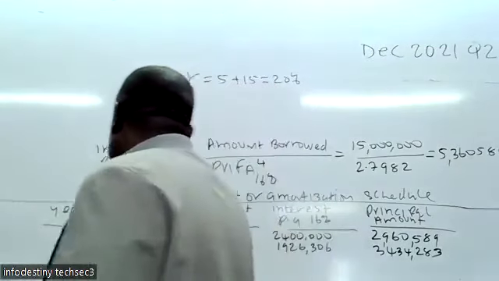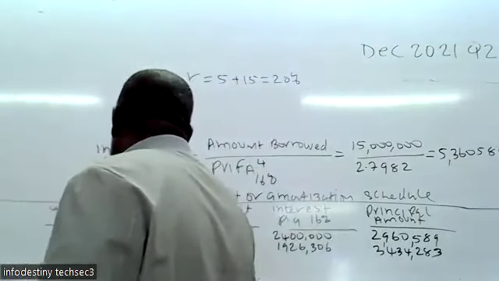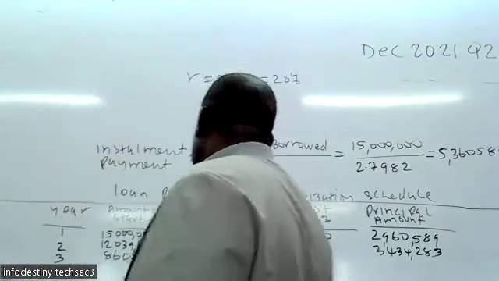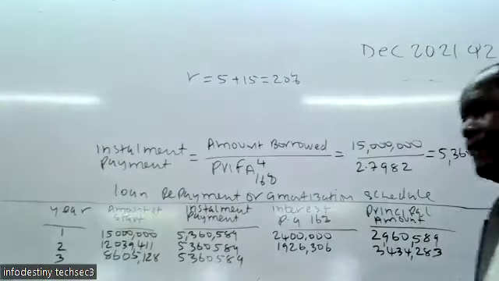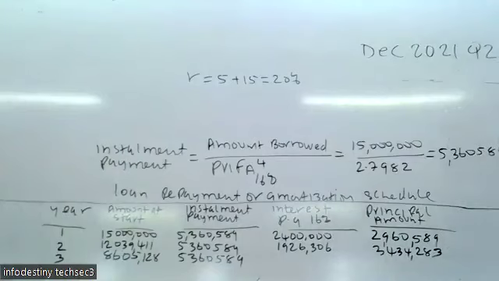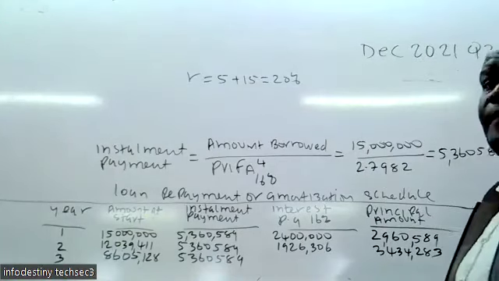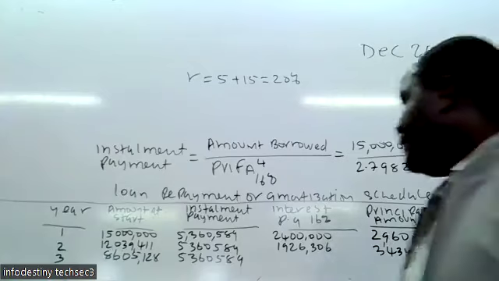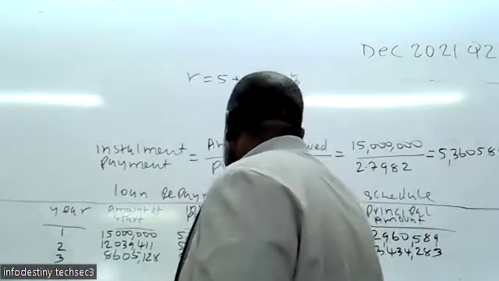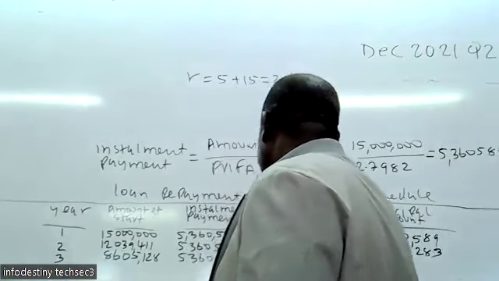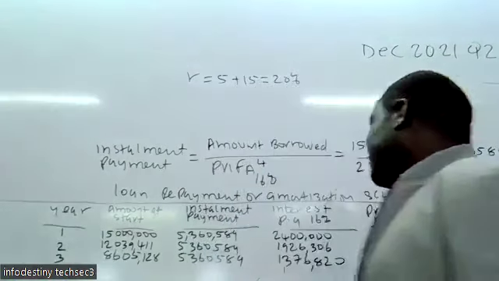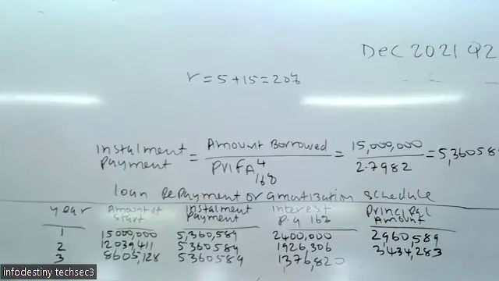Then your installment, we say it does not change. So now you get the interest. 1376. So what is there as the principal amount?